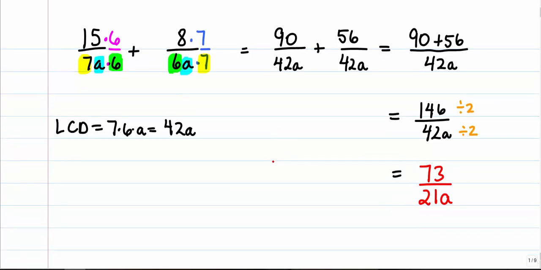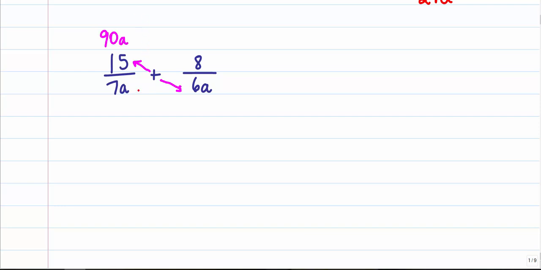But there is another technique that some students may be familiar with when you add fractions called cross and smile, meaning that if I had 15 over 7a plus 8 over 6a, cross and smile is when you multiply the first numerator and second denominator, then you multiply the second numerator and first denominator, and then you're going to multiply the two denominators together.